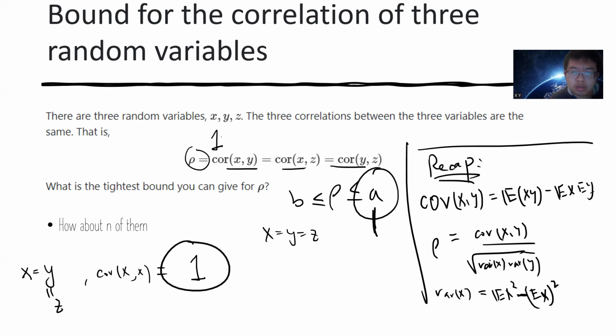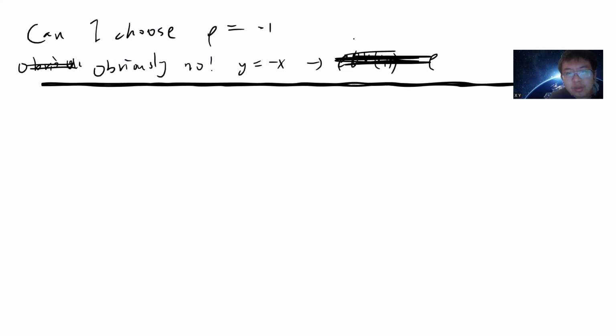Okay, let's forget about this. Sorry, I made a mistake: this is covariance, and this is correlation. I'm sorry, I used rho for it. So in this case, the correlation between x and y will be -1. And if I choose z to be negative x, then the correlation between x and z is still -1.